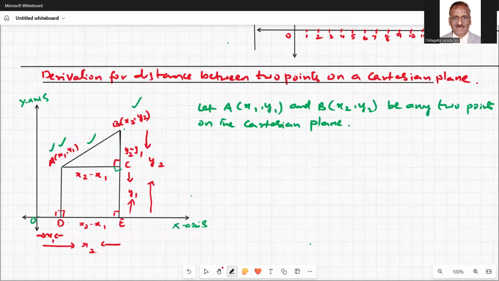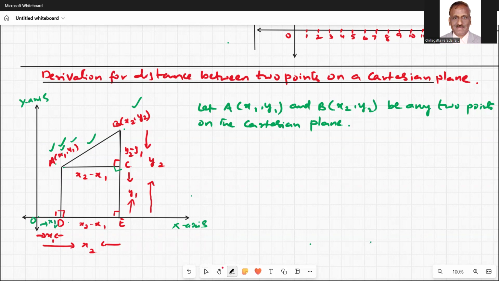Its x-coordinate is x1, the distance from the y-axis, and the y-coordinate y1 is the distance from the x-axis to that point A. So the distance from O to D is nothing but its x-coordinate distance. This gives you x1.